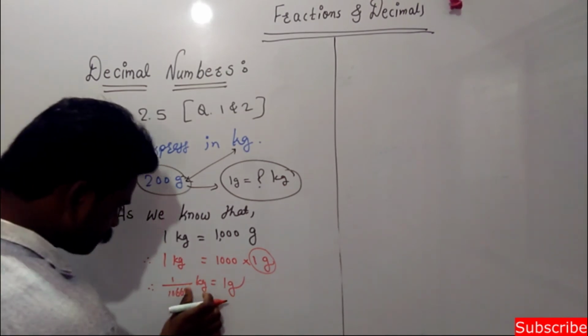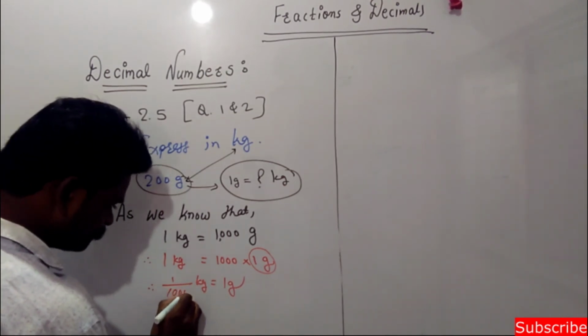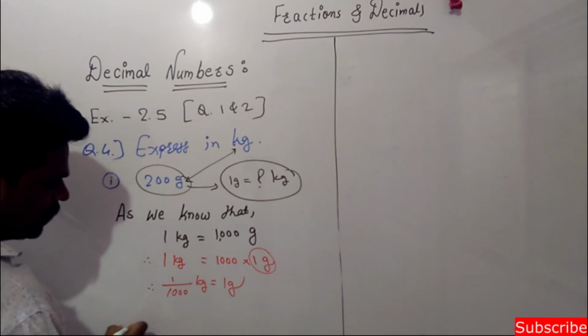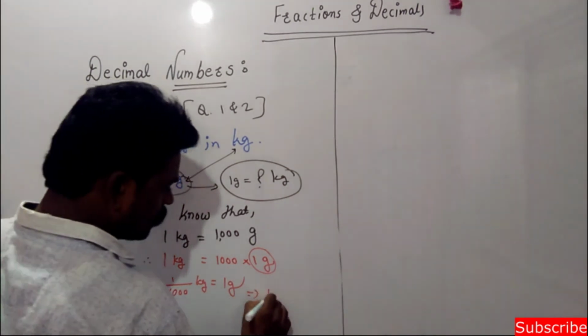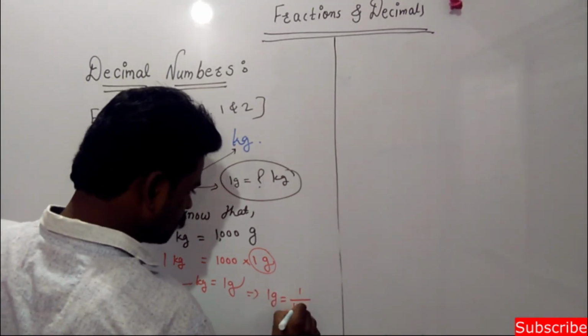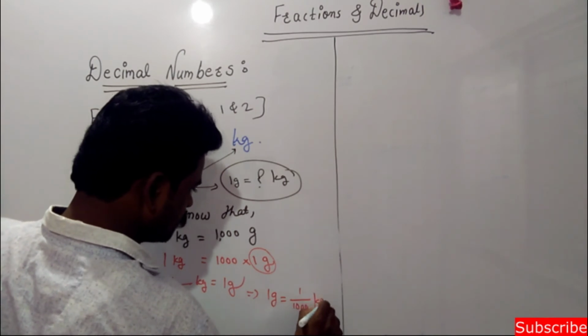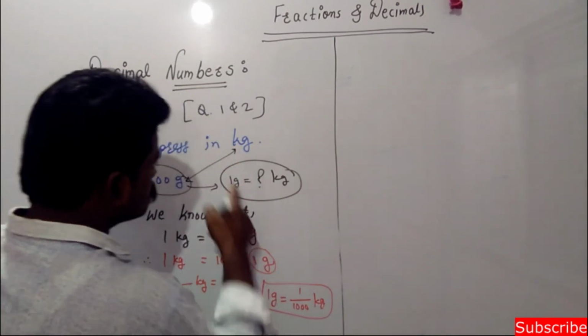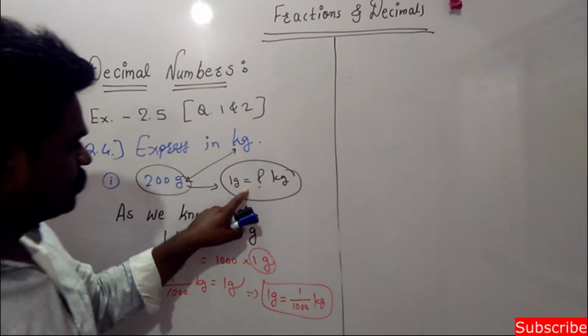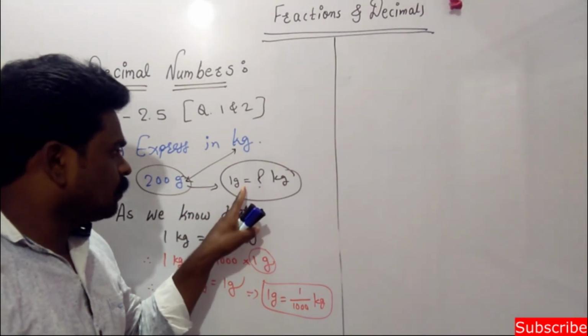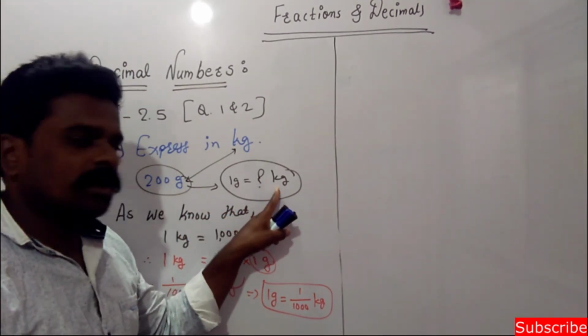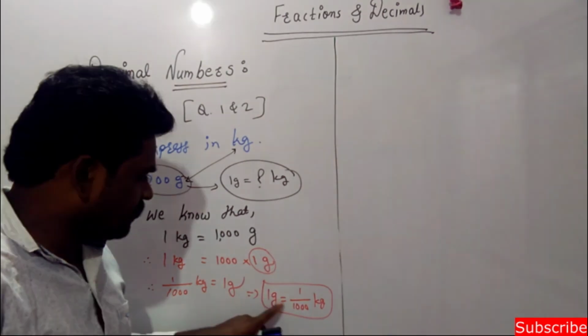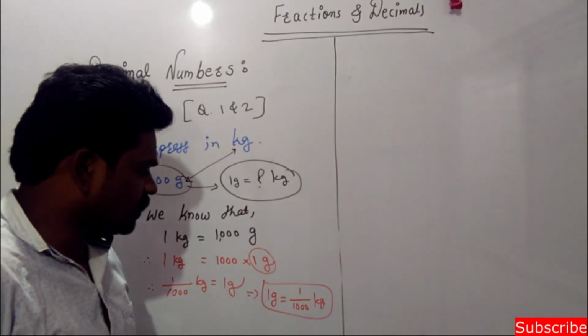So we can write in this way only: 1 gram is equal to 1 upon 1000 kilogram. The required thing I wanted to find out: 1 gram is equal to 1 upon 1000 kilogram.